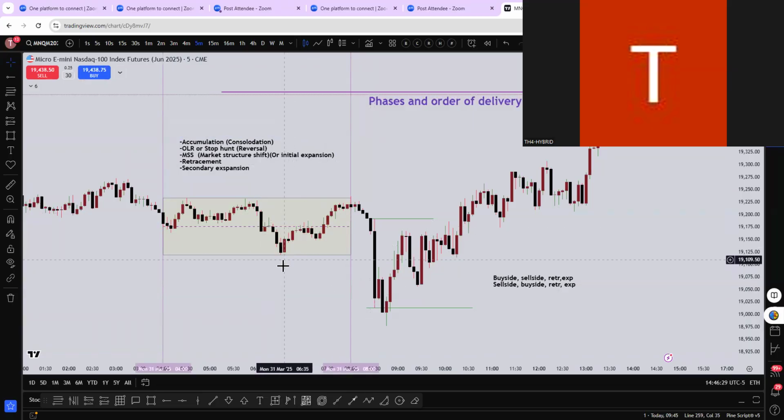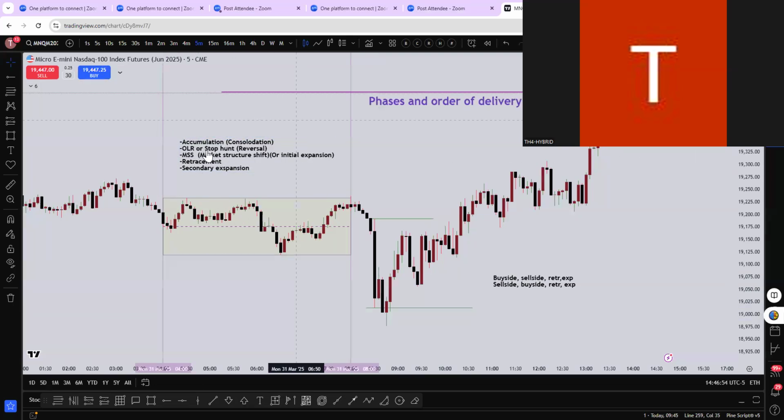We have to pair sell orders to buy, and we pair buy orders to sell. So if the target is up here, the opposing liquidity would be sell side. Target is buy side. Opposing liquidity run is to the downside.